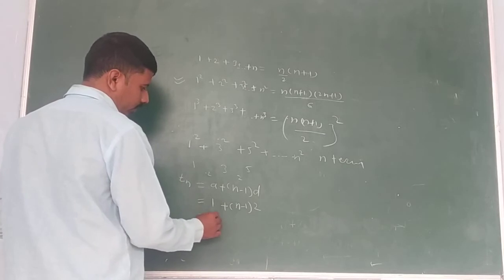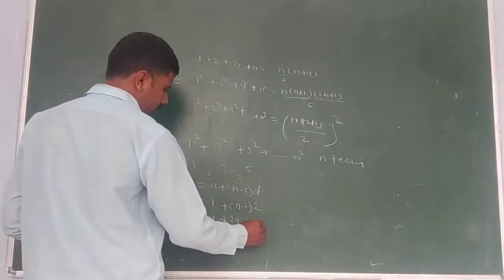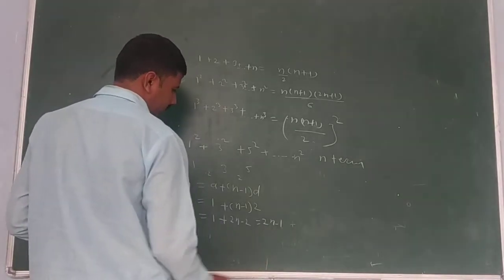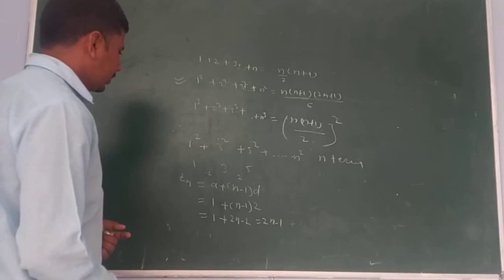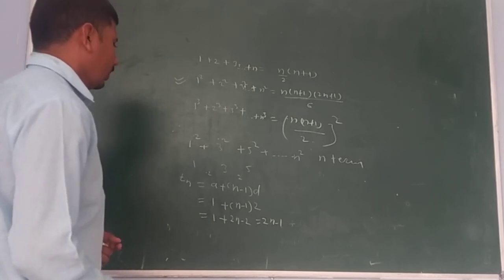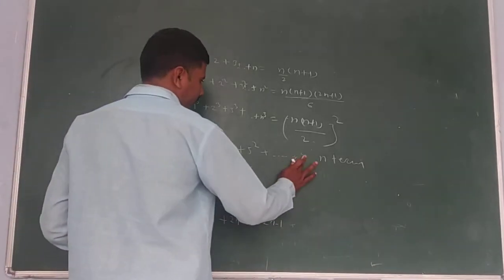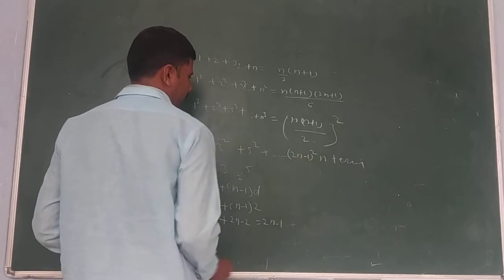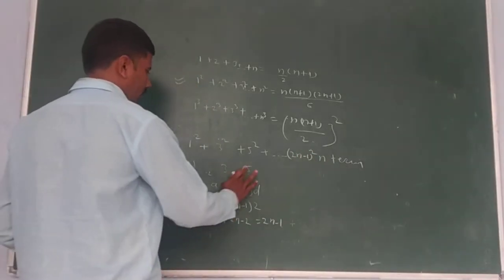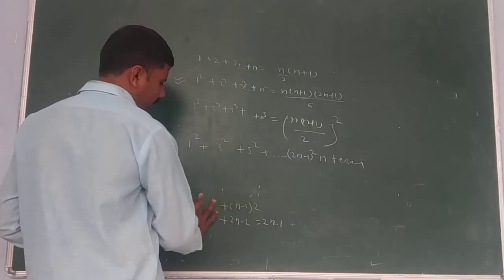So what do we get? 1 plus 2n minus 2 is equal to 2n minus 1. The nth term will be 2n minus 1. So the nth term we want is 2n minus 1 whole square. So this is the nth term. Now we have to apply the formula of summation.